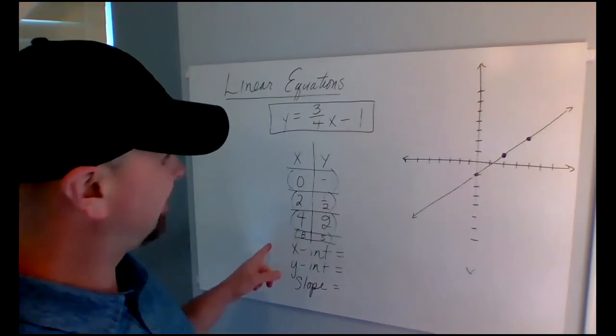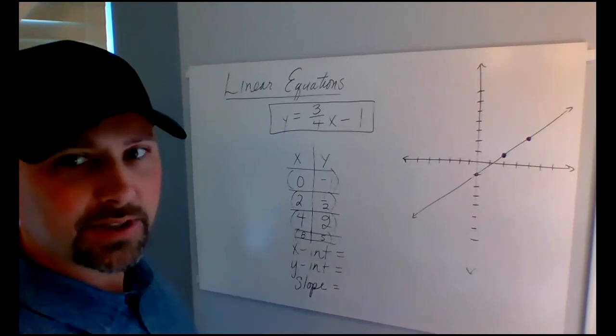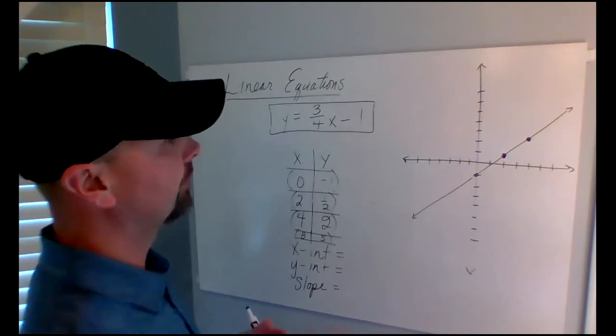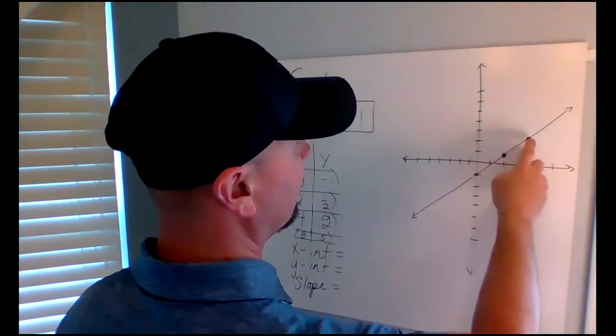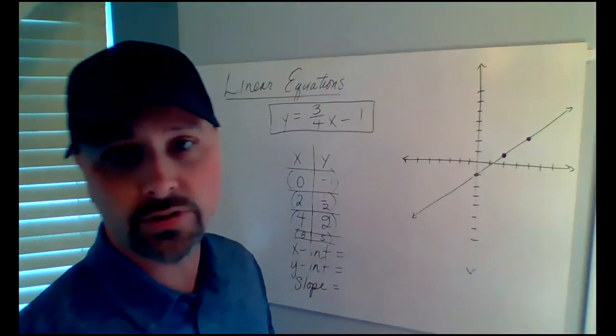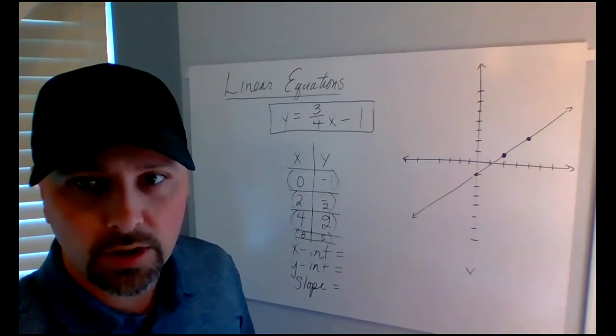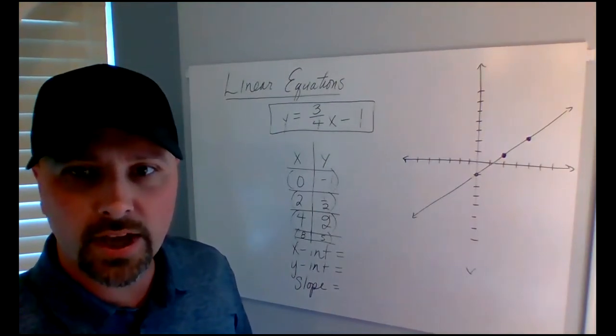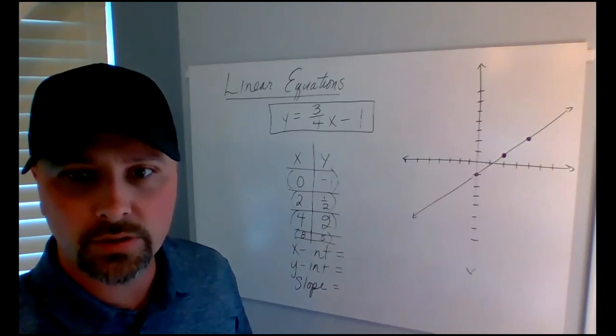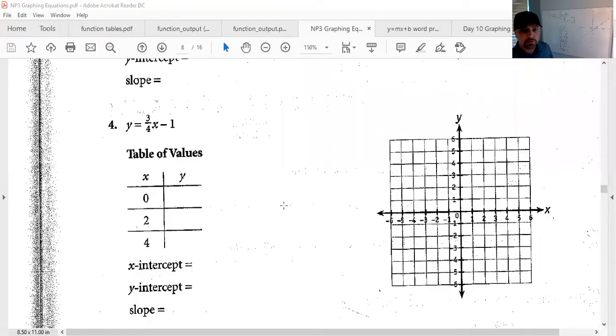So the x-intercept, where does it cross the x? Let's see, what is this? So here's the problem with the worksheet. It doesn't cross on the x. Let's look at the actual sheet. Doesn't cross right at a whole number here for the x-intercept.